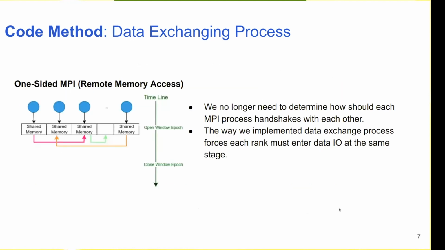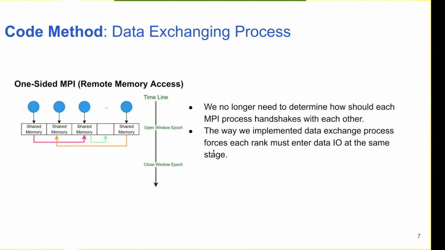In one-sided MPI, each rank will put other ranks' desired data into its shared memory, and each MPI process will access and fetch the data it requires, even though it's located on other MPI ranks, during this epoch.